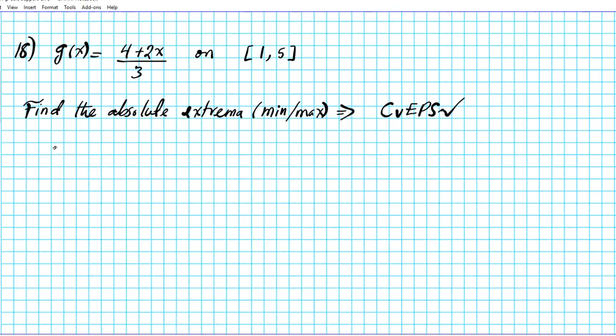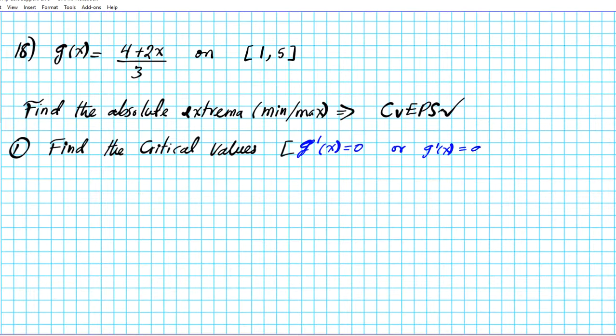Alright, so let's get started with part 1, the CV part, which is to find the critical values. What are the critical values? The critical values are basically points where, in this case, g prime of x is equal to 0 or g prime of x does not exist.